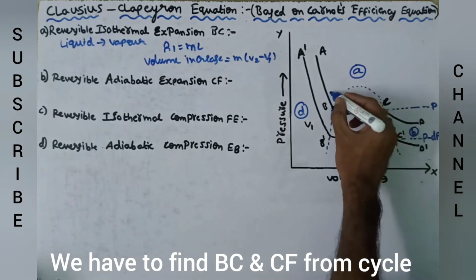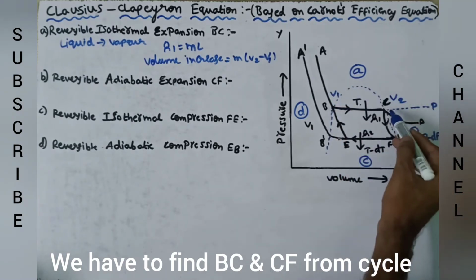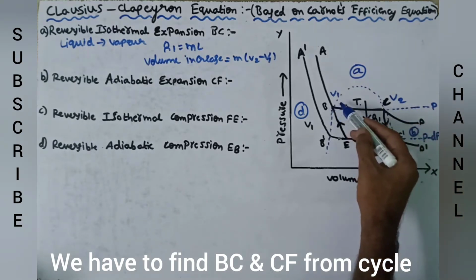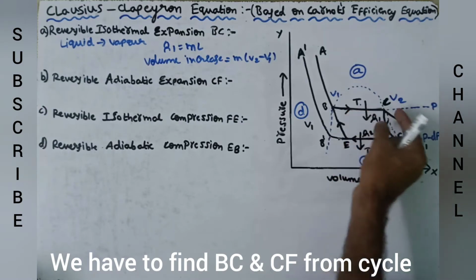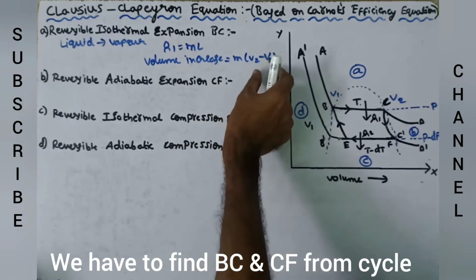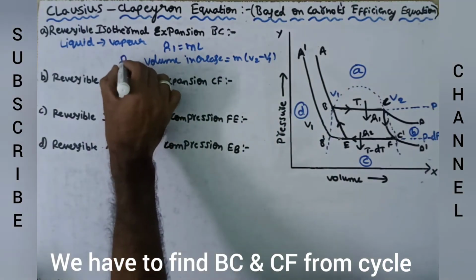Here its volume is V1, here its volume is V2. V2 is the volume at vapor state, V1 is the volume at liquid state. So change in volume is V2 minus V1. Volume increase is equal to mass into change in volume. So this is equal to BC.